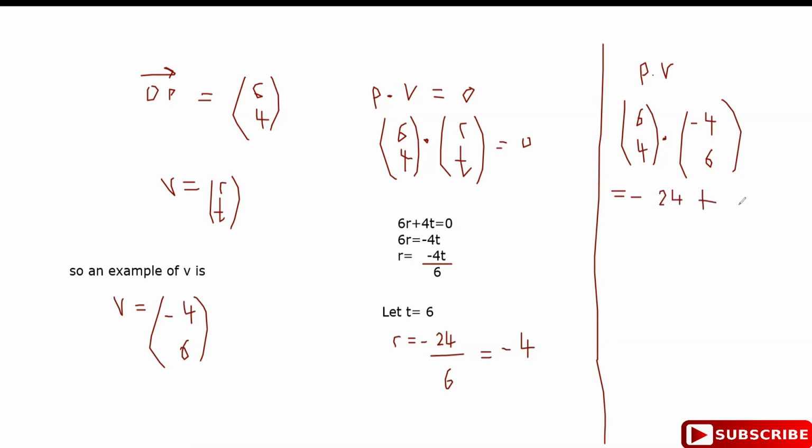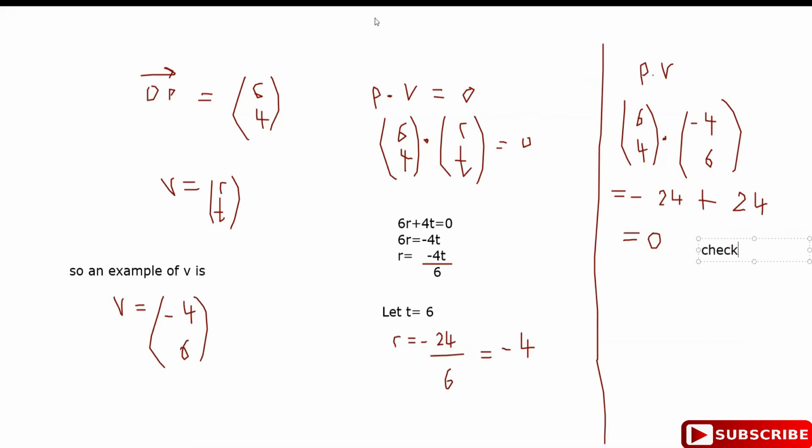So minus 24 plus 24 works out to be 0. This is just a check, and it works out. So minus 4, 6 is a possibility.